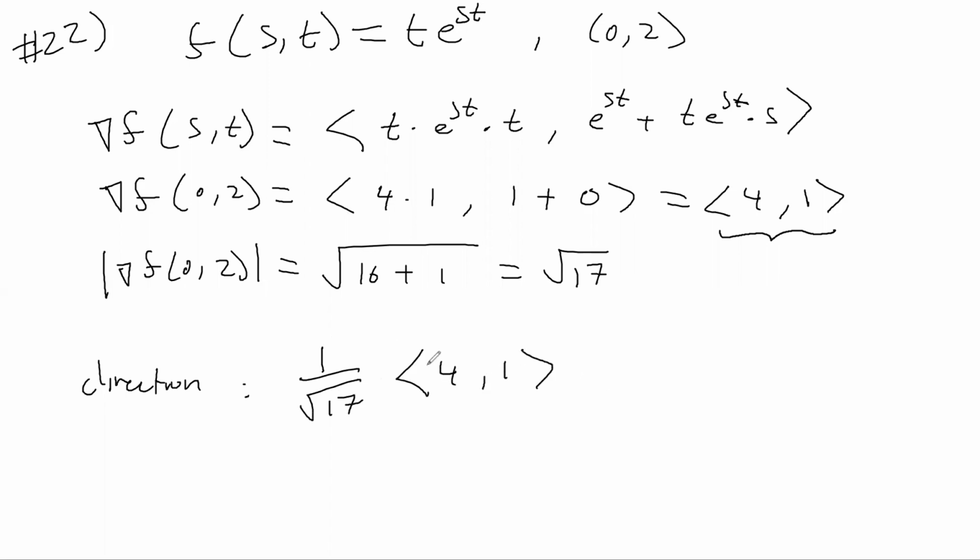But essentially, 1 over square root 17 times 4, 1 is going to point to the exact same location, since they're scalar multiples of each other. Okay, so that's number 22.